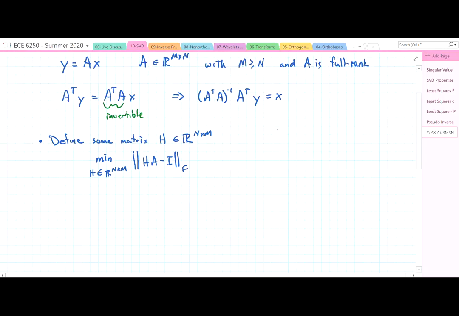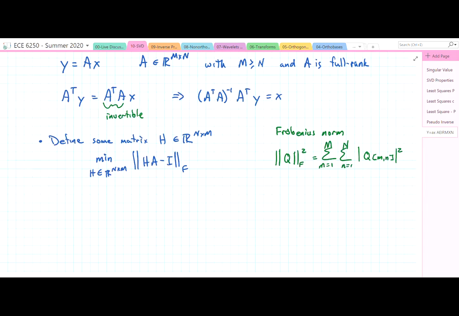So inside the Frobenius norm, it essentially is defined like this. It's the sum of the squares of every element in the matrix.